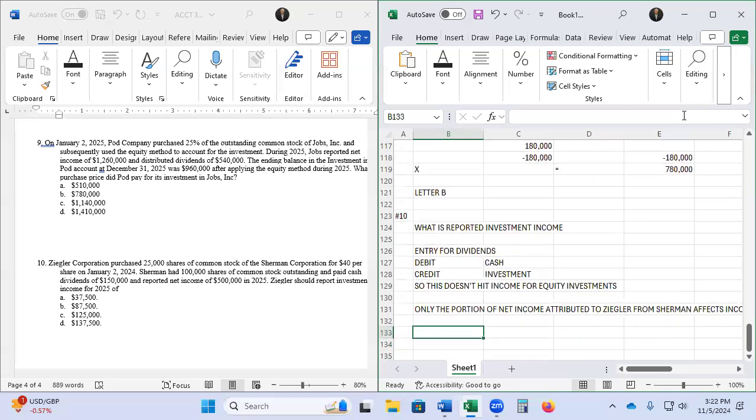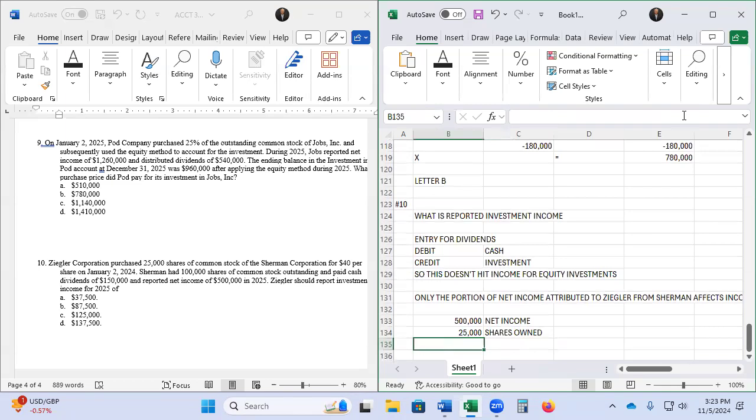Affects the income. So in this case, we had a $500,000 net income. And then we had 25,000 shares owned, 100,000 shares outstanding.